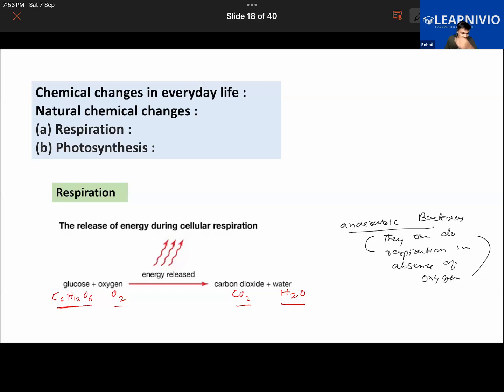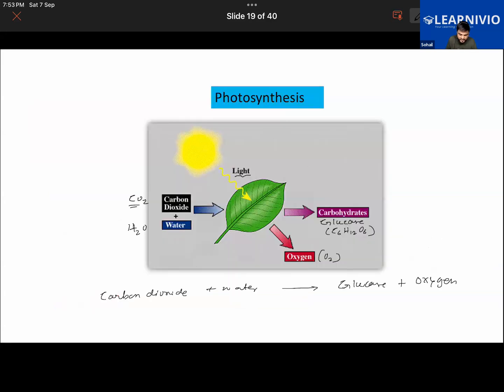Now, respiration and photosynthesis, how are the two different? It is important to know. Have you understood how respiration and photosynthesis are different? Talking about photosynthesis, it is the process of converting light energy into chemical energy.